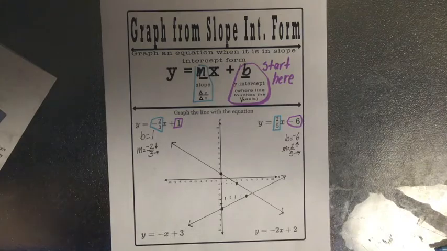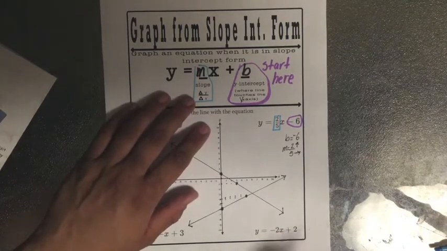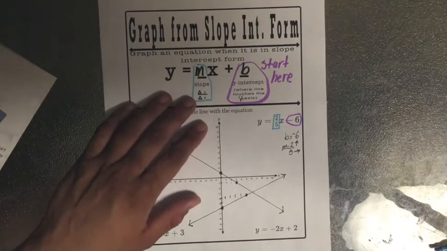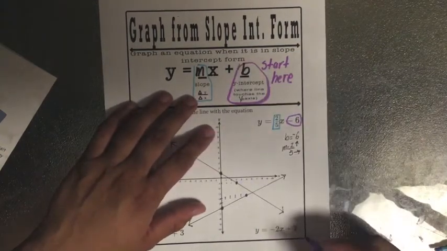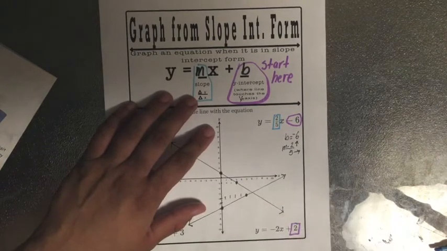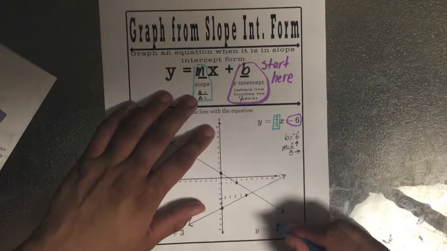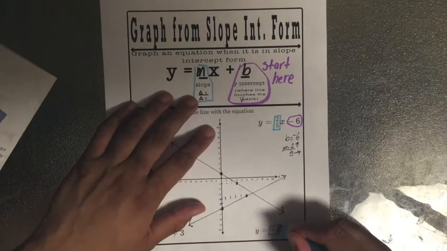Okay. My third one, I'm going to do this one here. Again, I'm going to start with my b. My b is positive 2. And my m, my slope, is negative 2.